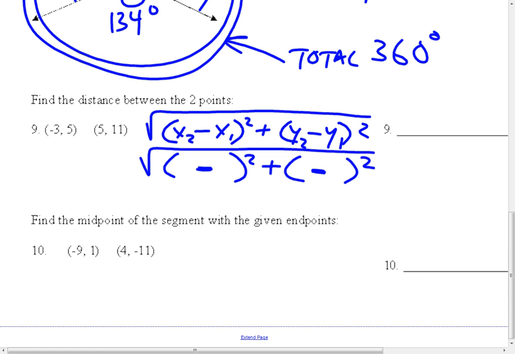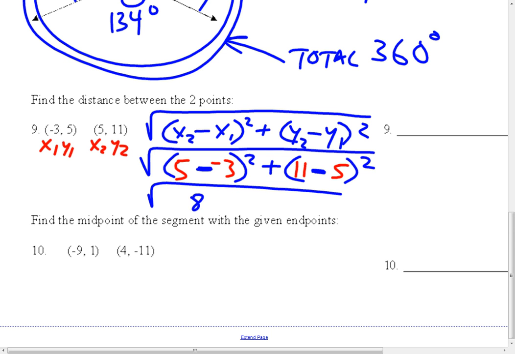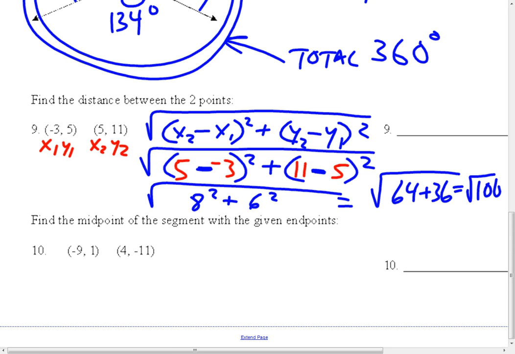Then I put in my x1, y1, x2, y2. That would be 5 minus a negative 3, 11 minus 5. That way, I'm not confusing my subtraction symbols with my negative symbols. 8 squared, 6 squared, that is 64 plus 36. That's radical 100. What's the square root of 100? If it works out, it works out. It's okay to write down the whole number.